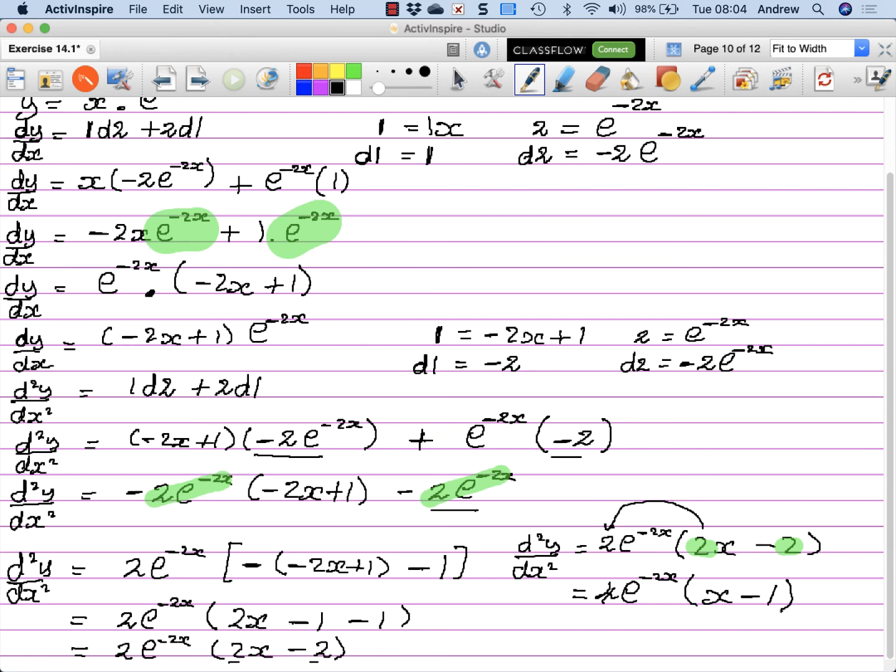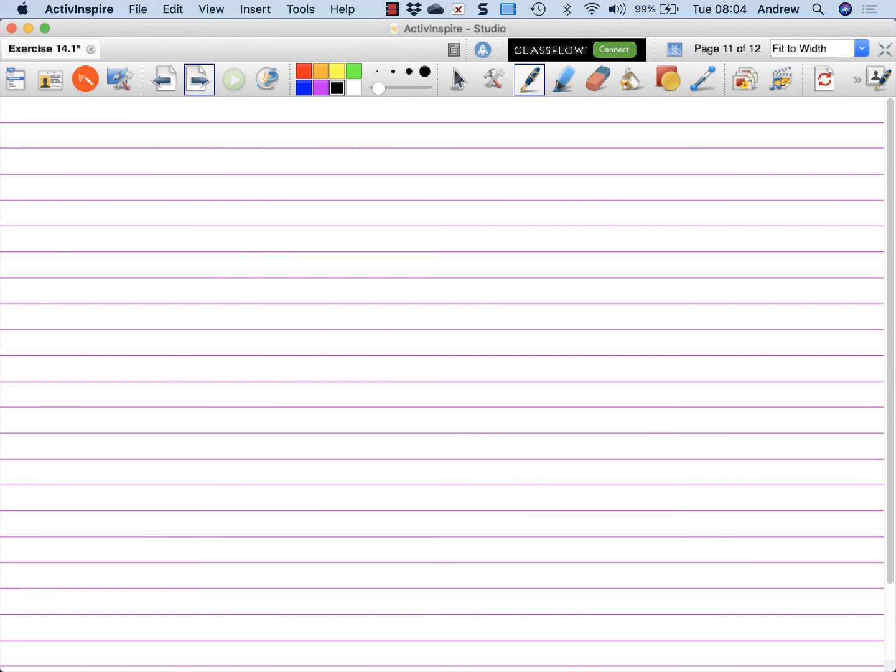So let's go to the next page and summarize these results. So at the moment, summary, I've got y is equal to x on e to the minus 2x.